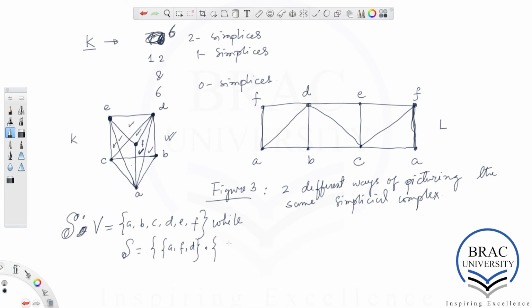let us first list all the 2 simplices. ABD is this triangle. Then we have BCD. BCD is this triangle. And then we have CDE, which is this triangle.